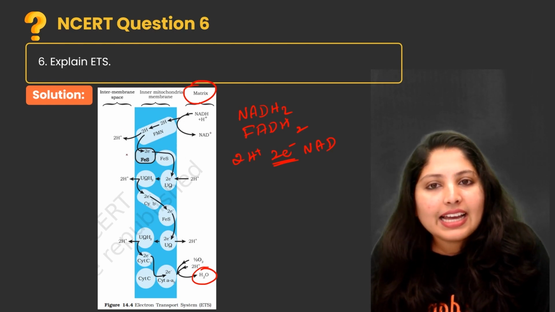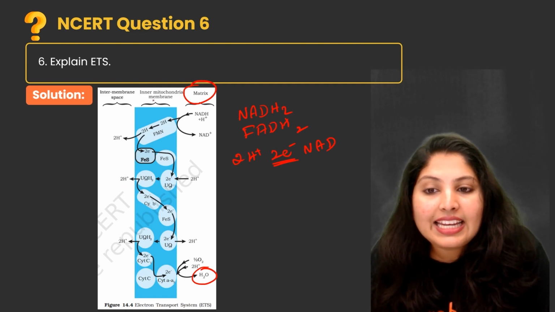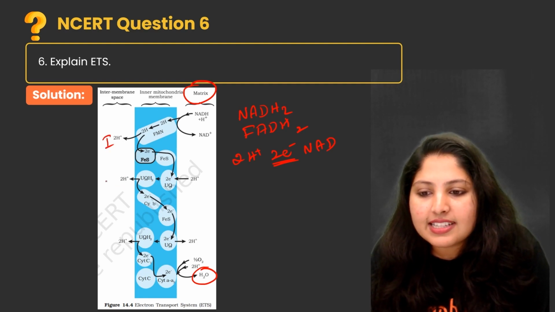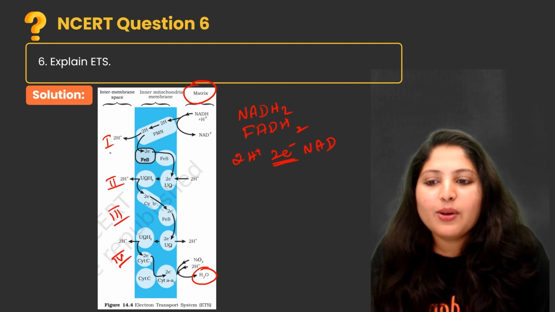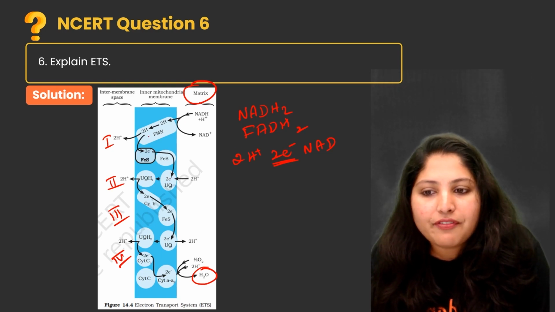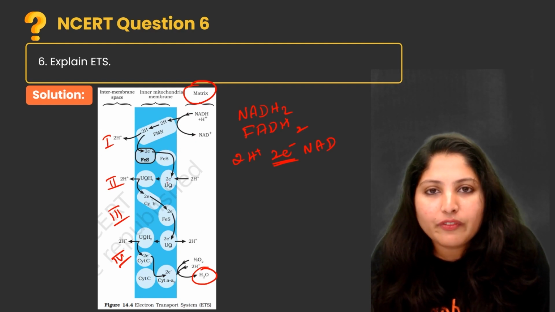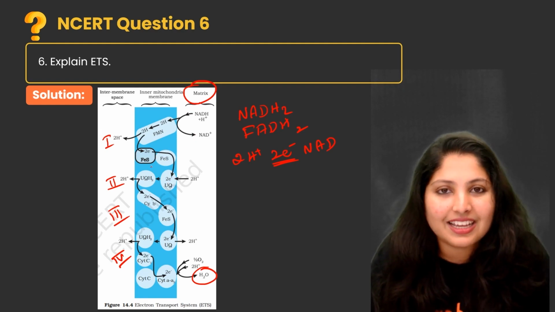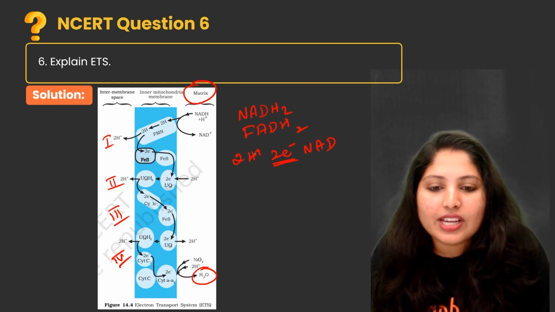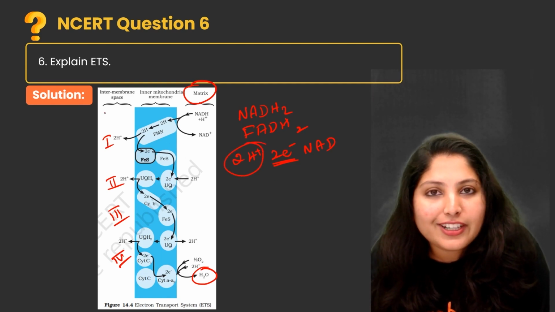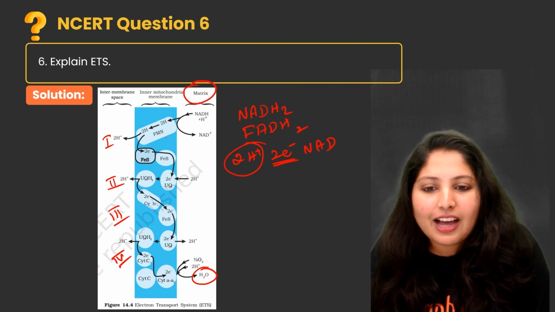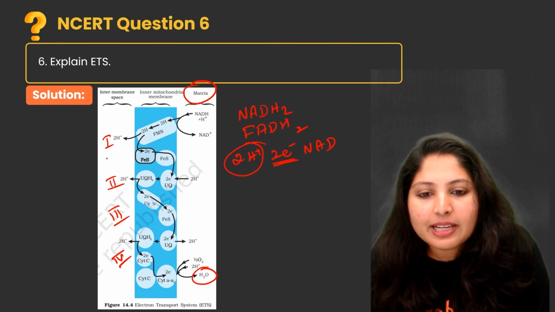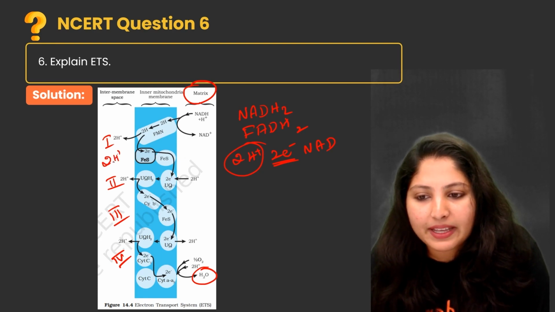Okay, so we'll discuss one by one. See, there are 4 complexes in the inner mitochondrial membrane. This is first, this is second, this is third, and this is fourth. Okay, so from the first level to the second level, when the electron is moving, some energy is released. By utilizing that energy, the proton is transported into the intermembrane space.